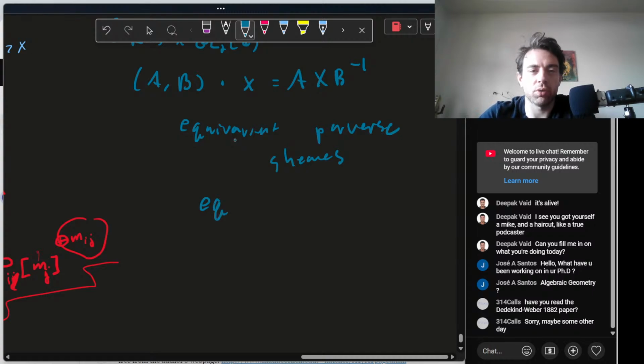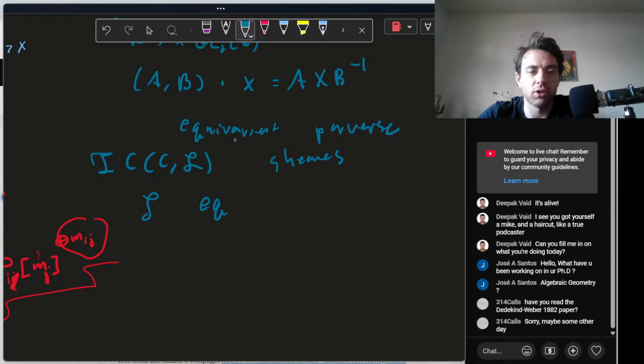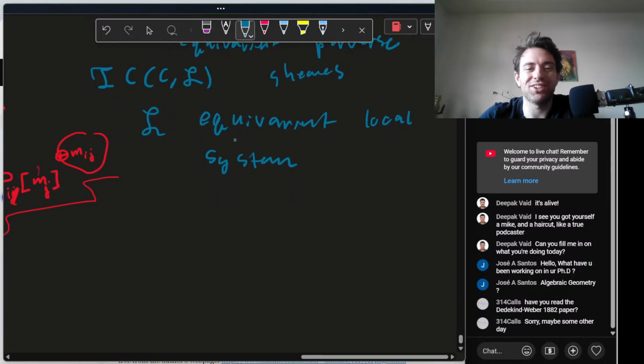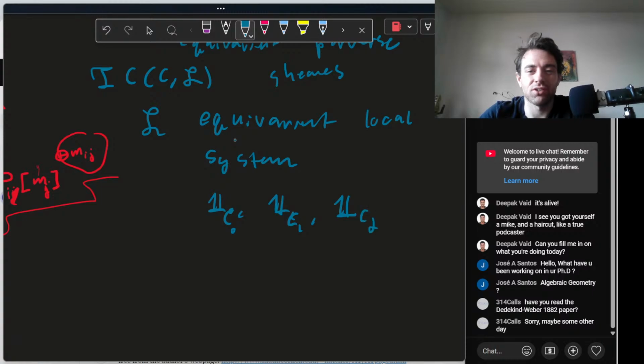And how do you build those equivariant perverse sheaves? Well, the simple ones will just be the push forwards of some local system L on the orbit, where L is an equivariant local system. And it turns out, in this case, the only equivariant local systems on the respective orbits, C0, C1, C2, are just the constant sheaves.